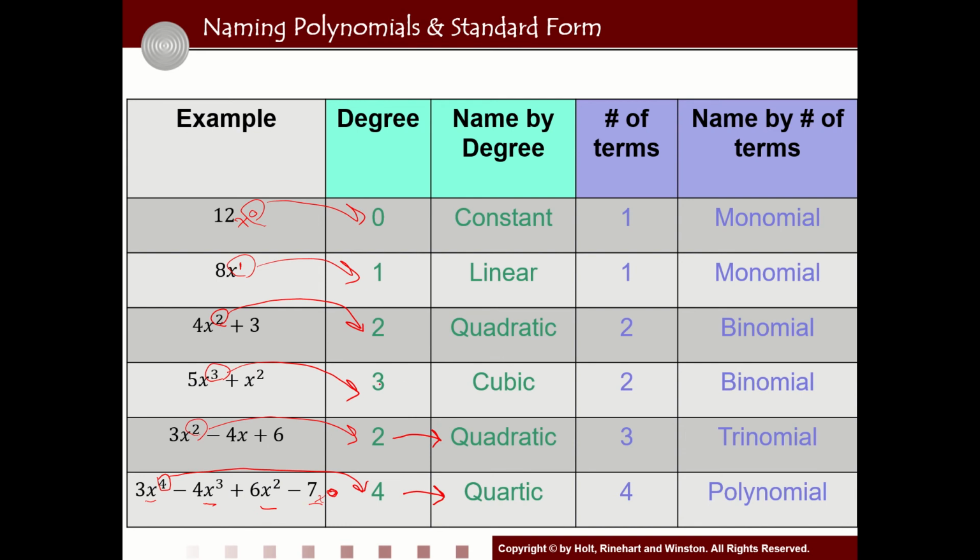A degree of 3, when we say x to the third or x cubed, so it is cubic. Again, 2, we discussed, is quadratic. A degree of 1 is linear. Well, let's think about that.